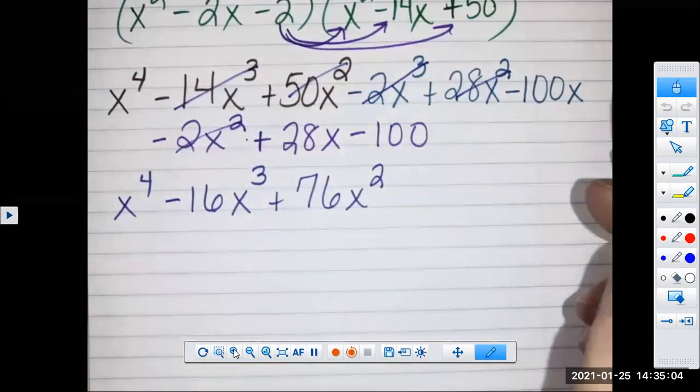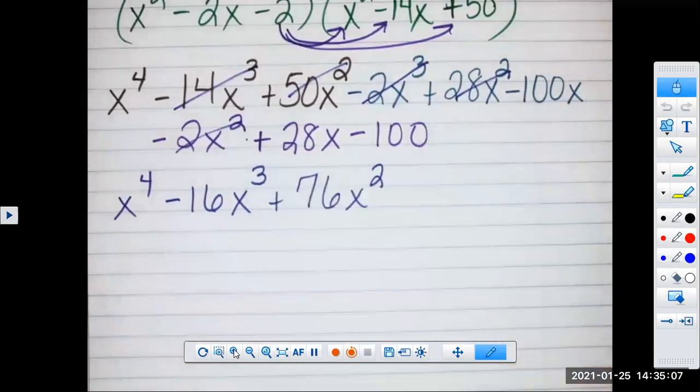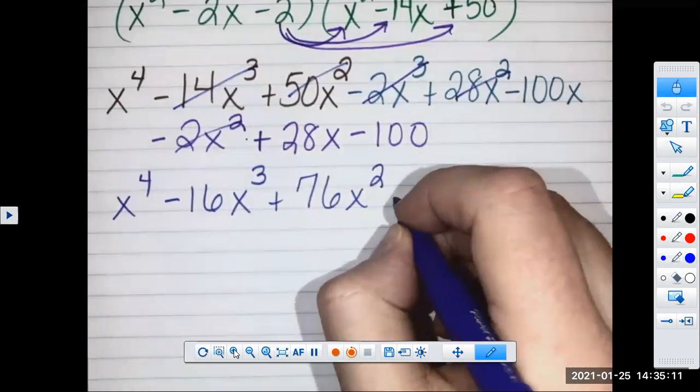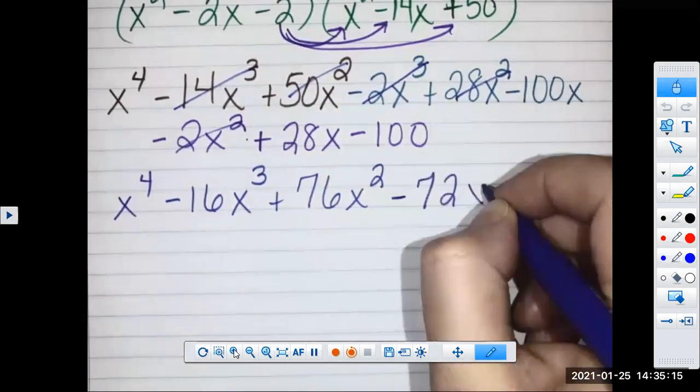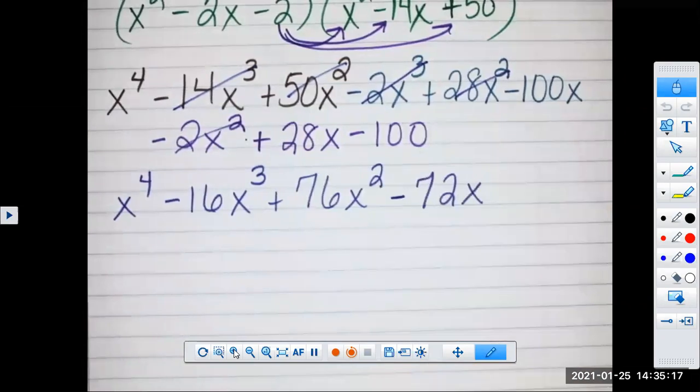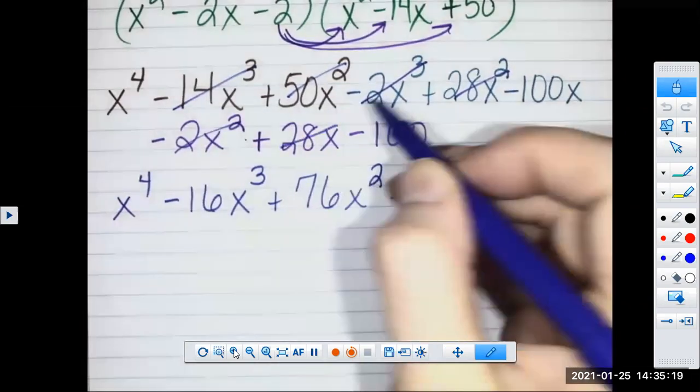And then we have negative 100x plus 28, negative 72x. And then minus 100.